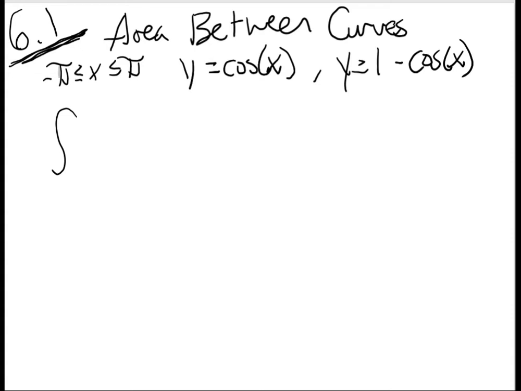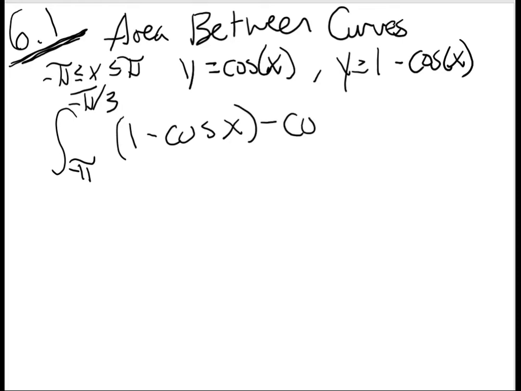So we have to split up our integral into negative pi to, well, where's the first point they intersect? Negative pi over 3. And then the top function, which is going to be what? 1 minus cosine x minus the bottom function, cosine x, dx.